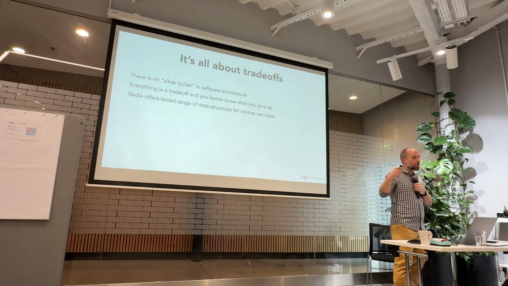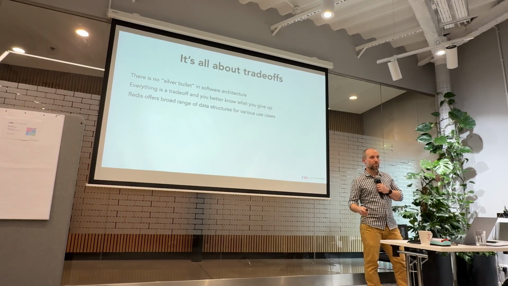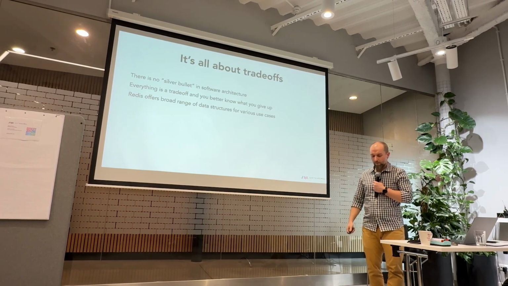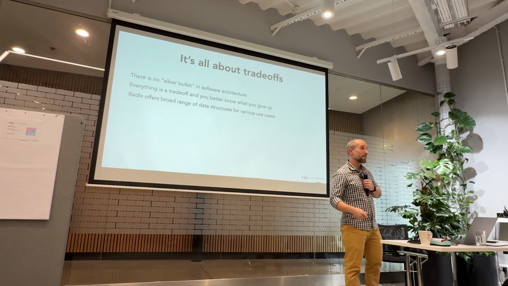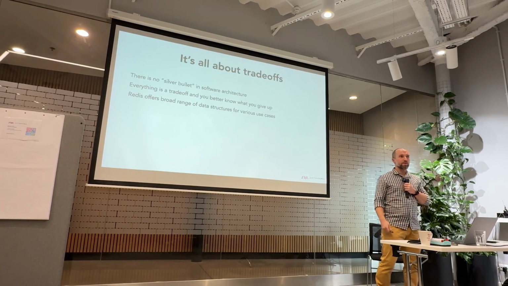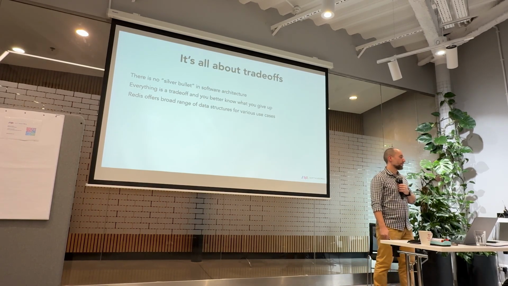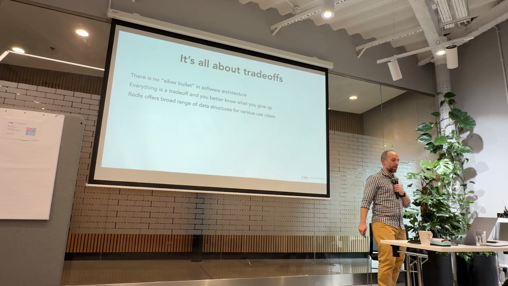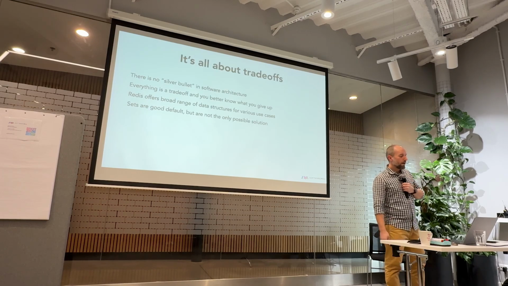Redis offers a broad range of data structures for various use cases. We see that there are sets, which are kind of the default for these kinds of operations, but there are also these lesser known probabilistic data structures like cuckoo filters and Bloom filters. There are others for counting, as Max said, for rankings, and all the stuff that I didn't cover here.